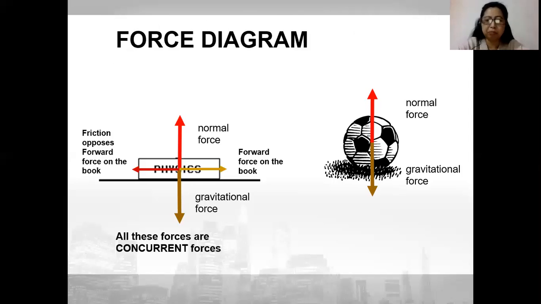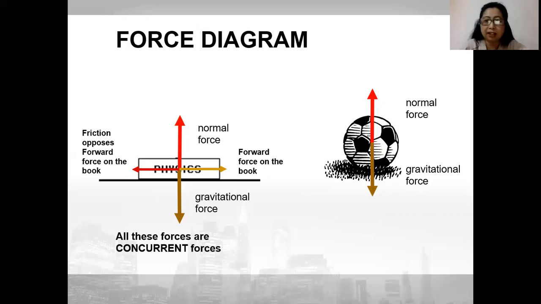These examples show that the objects are acted upon by balanced forces. This first example is showing that the object is at rest. So, there are two forces acting on the object, the gravitational force and the normal force.